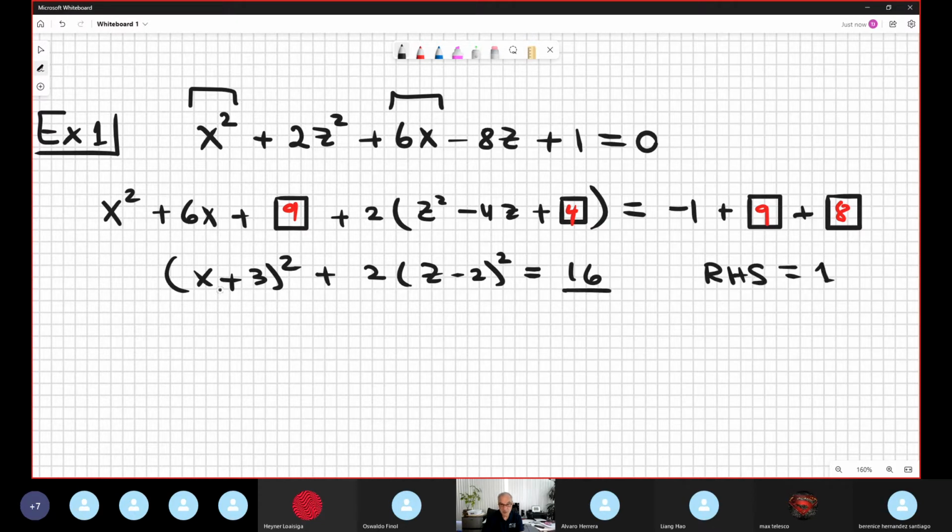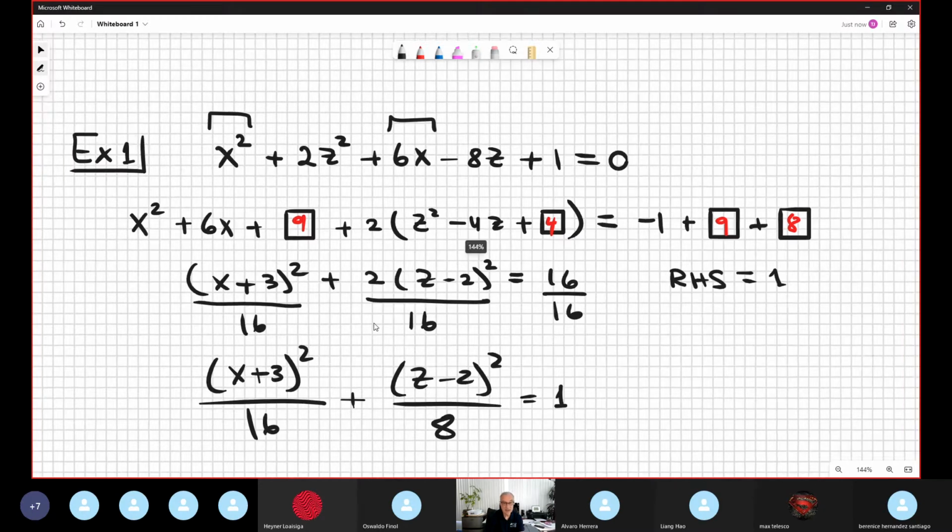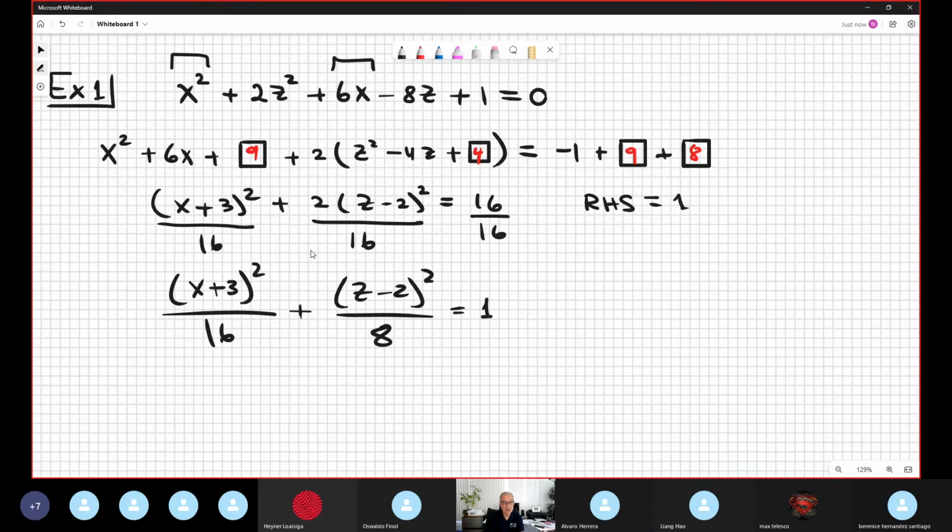So you divide by 16, and we have x plus 3 squared over 16 plus z minus 2 squared over 8 equal 1. Nice. Okay, after that, I suppose that you are familiar with the ellipse.